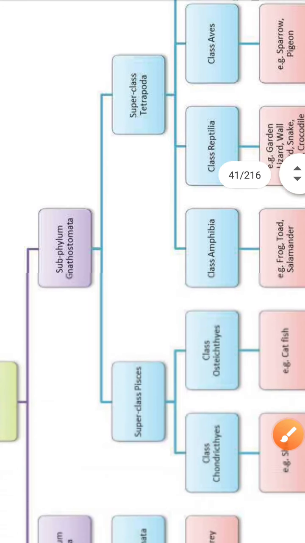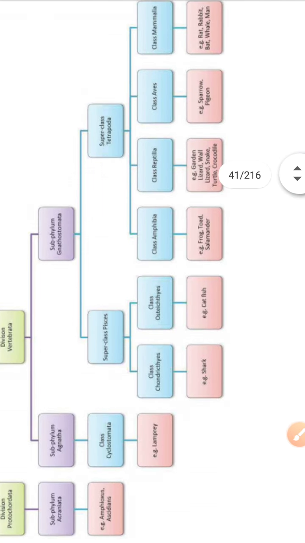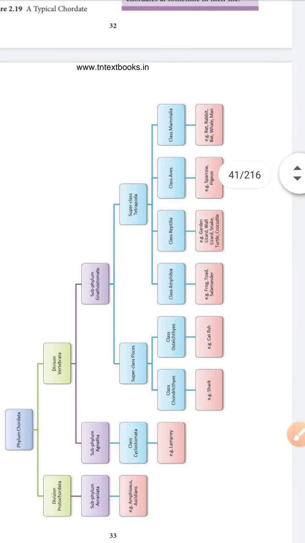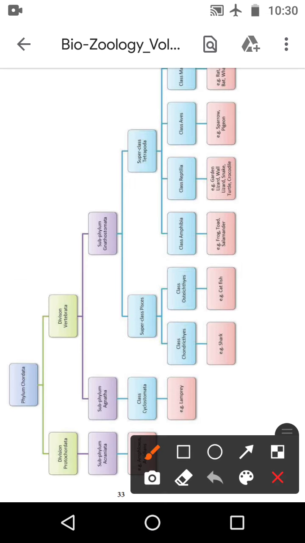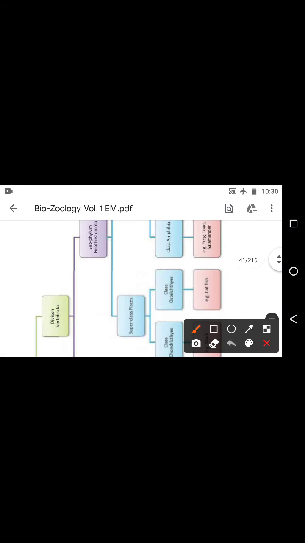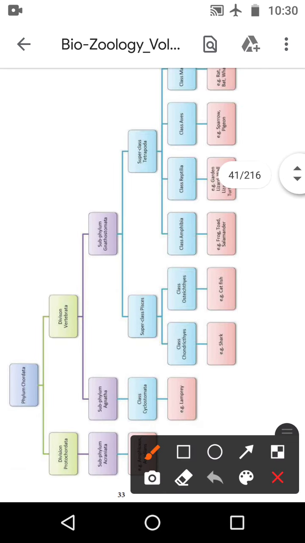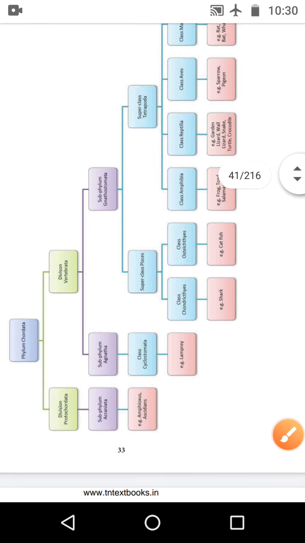We will see the next one, a flow chart. All of you see this flow chart. The first one is the phylum Chordata. Phylum Chordata is divided into Protochordata and Vertebrata. Protochordata has three divisions.